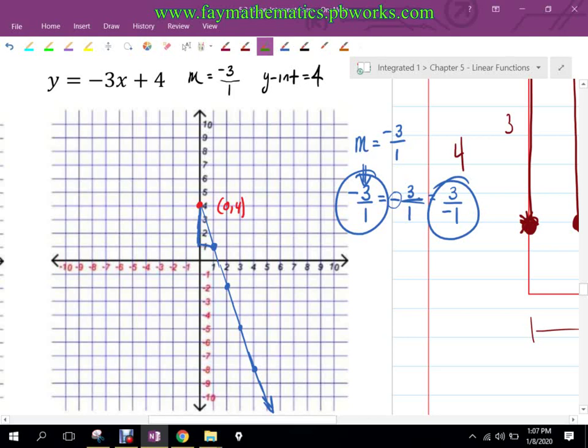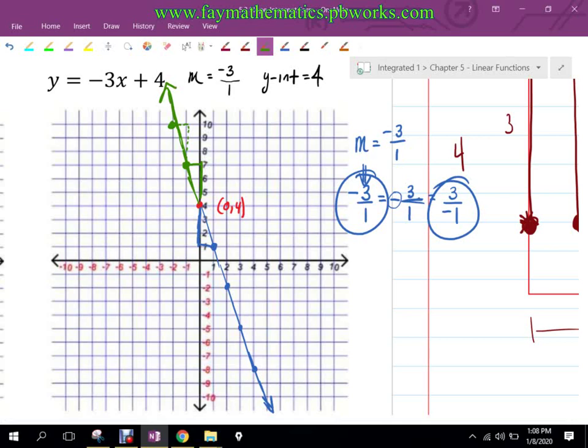So instead of going down 3, right 1, can I go up 3, left 1, and put a point? Does that make sense? And then up 3, left 1, put that point, and then I can continue that through with that line. Does that make sense on how to do that?